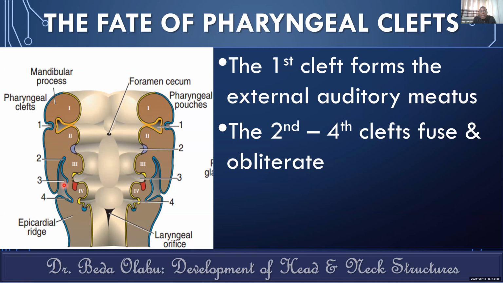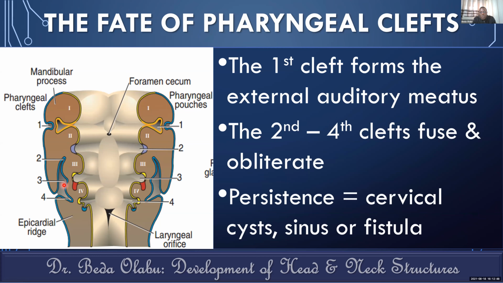Now, failure of obliteration of the second to the fourth cleft can give us some malformations in the head and neck region. If the second to the fourth pharyngeal clefts persist, we will have some malformations that we can call cervical cyst, cervical sinus, or a cervical fistula, depending on the morphology.